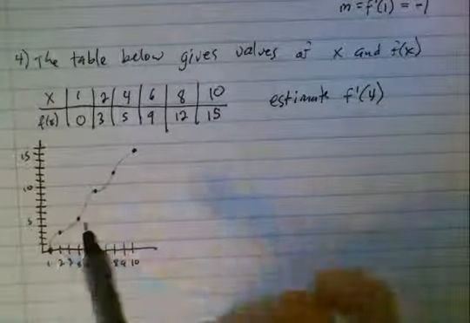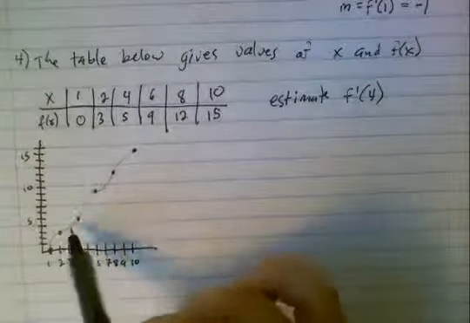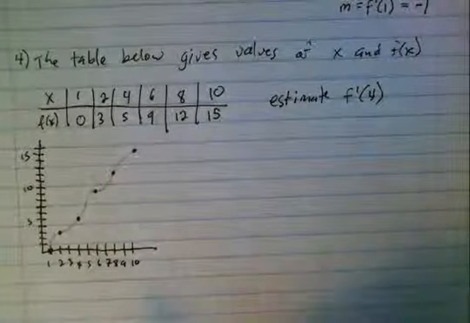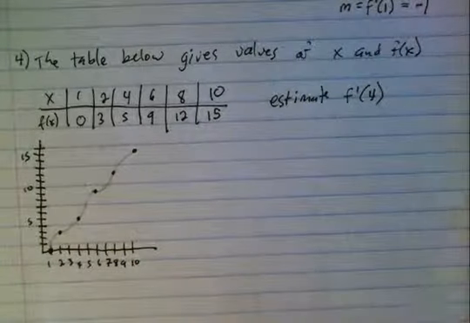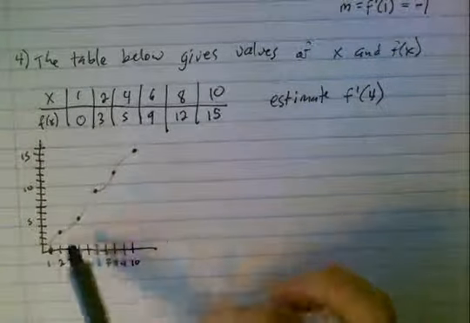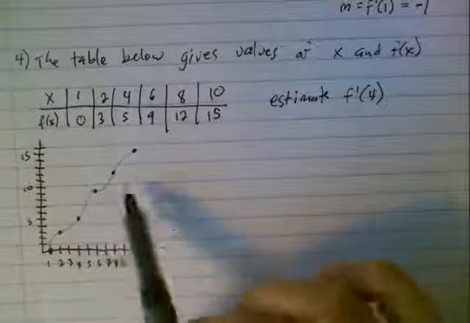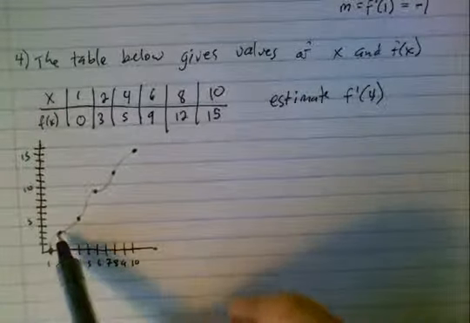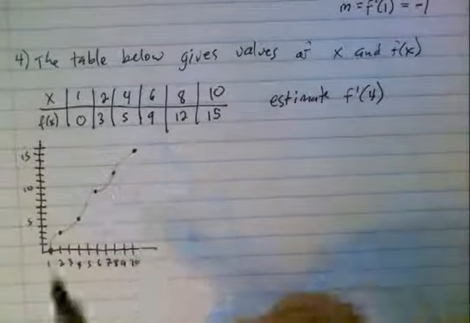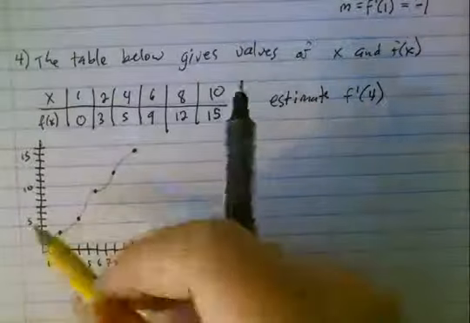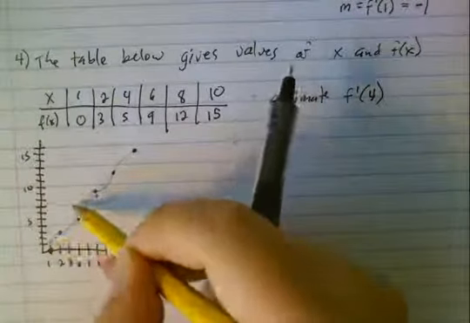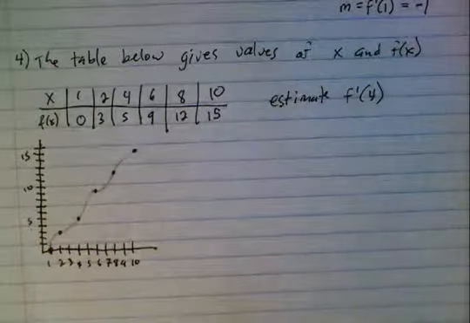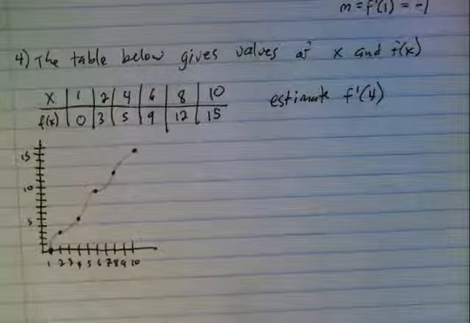We don't know exactly how this curve is going, but our best guess is a positive slope because the function overall seems to be increasing. Maybe it goes up here and then sharply down here and then back up like that. Maybe it does, maybe it doesn't. There's no way for us to tell.